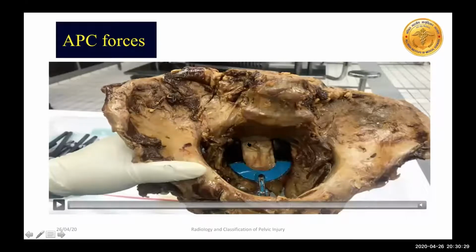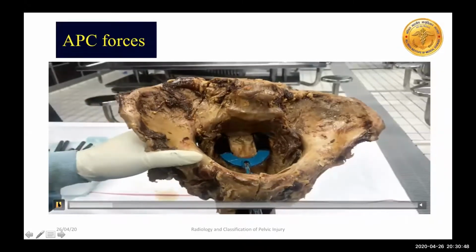What happens is that the symphysis fails first, and then the anterior sacroiliac ligament, the intraosseous ligaments, and then the sacrotuberous and sacrospinous ligaments somewhere around that. Once the posterior SI ligament fails, the pelvis tends to become unstable.